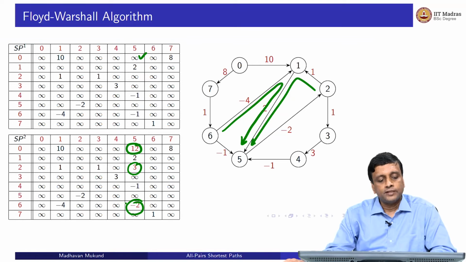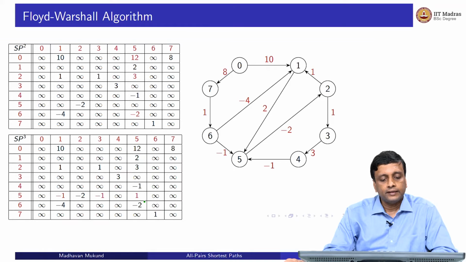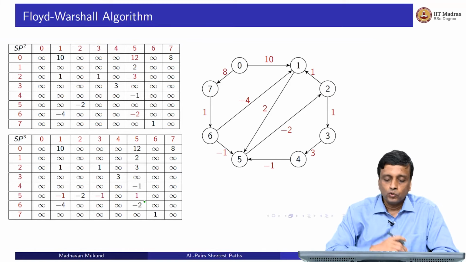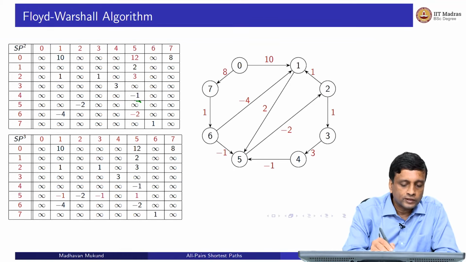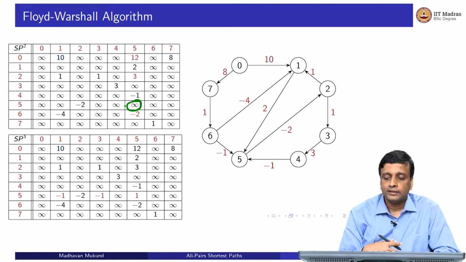Now that I have discovered distances in SP2, I can now look at SP3. SP3 allows me to go through 0, 1 and 2. If I go through 2, for instance, it turns out that I can now do things which I could not do before. For example, look at 5. Earlier I could not get from 5 to 5, but remember that we said that there are some cycles.